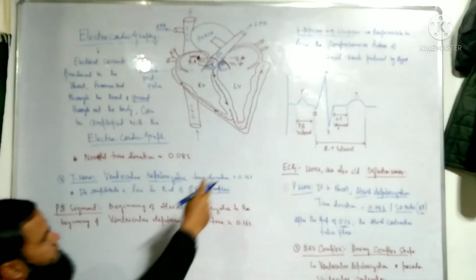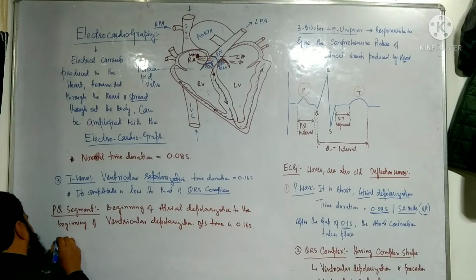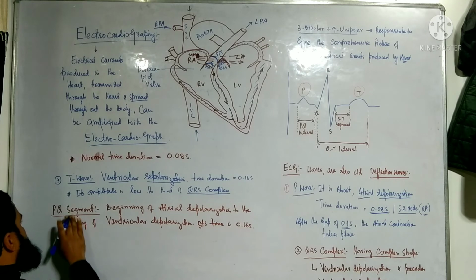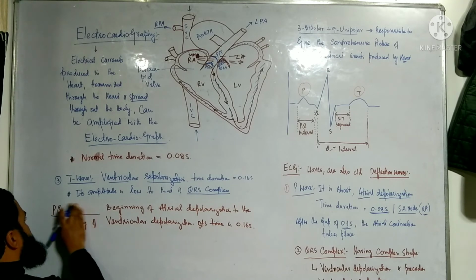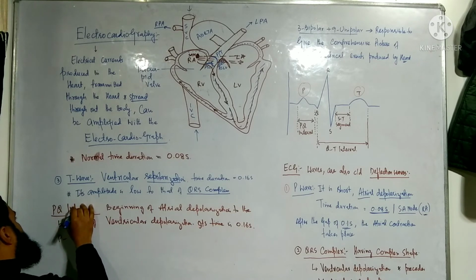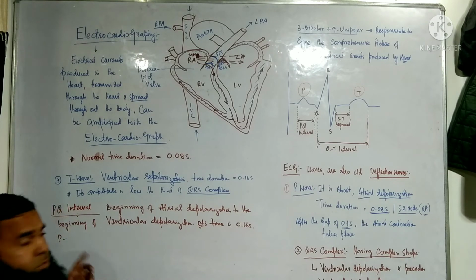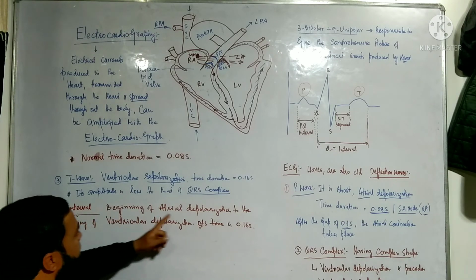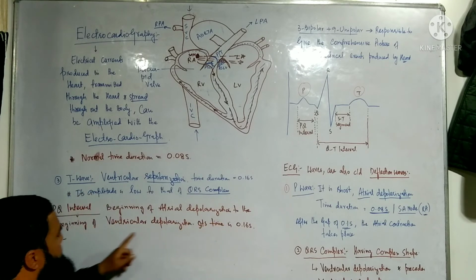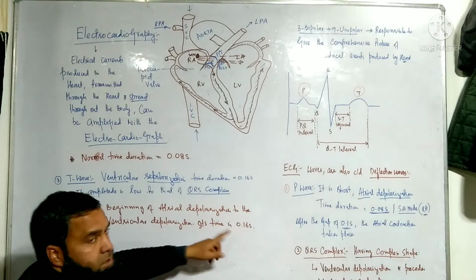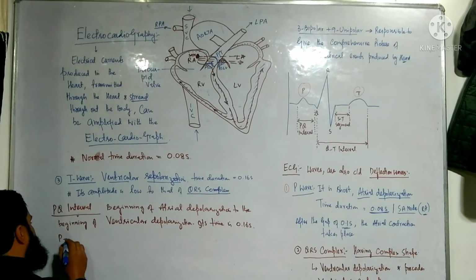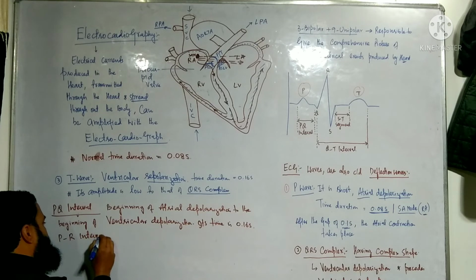It is also called the PR interval. This is actually the PQ interval. So we have discussed the PQ interval. It is the beginning of atrial depolarization to the beginning of ventricular depolarization. Its time duration is this. It is sometimes also called the PR interval.